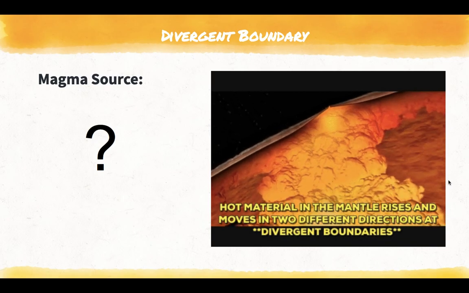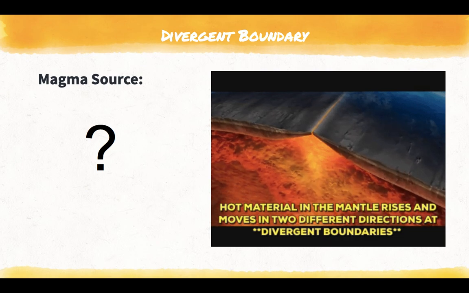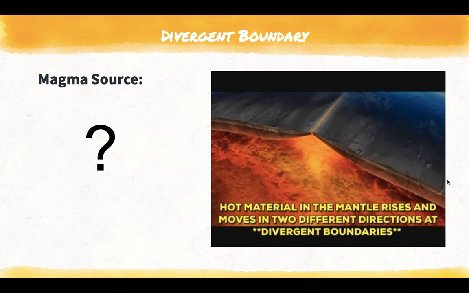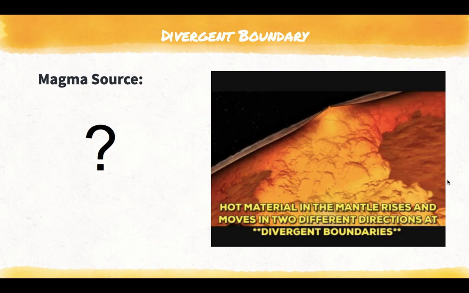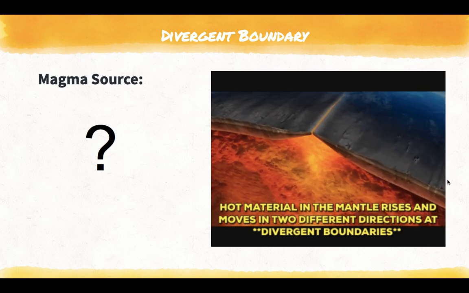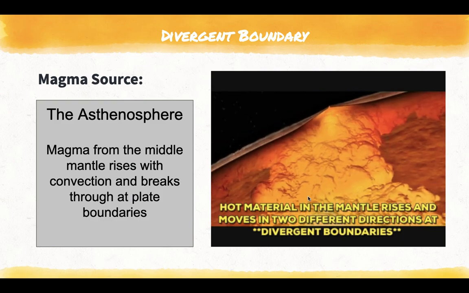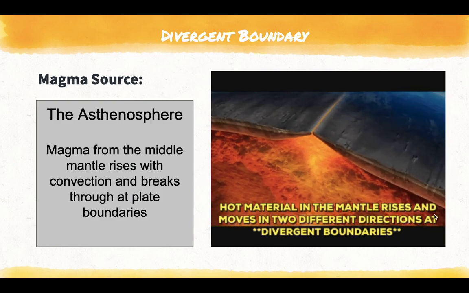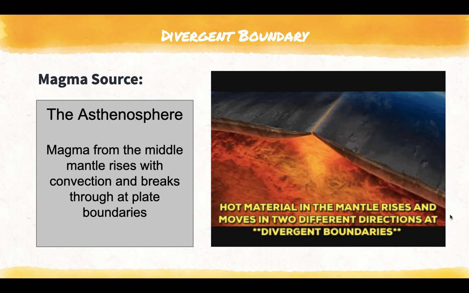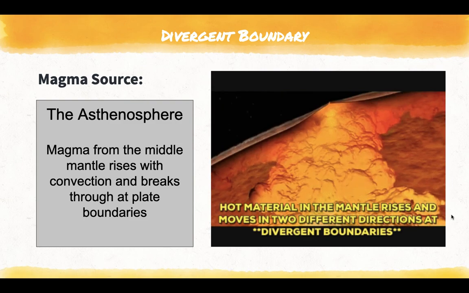Now at this divergent boundary, magma's coming from somewhere, and we certainly don't see one plate going under the other here. So if we think about it, that magma is actually coming from deep down in the mantle, from the asthenosphere.